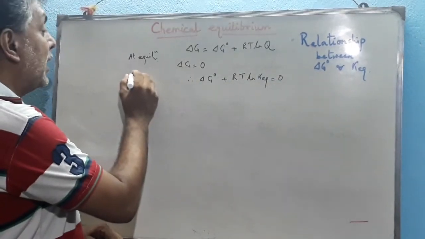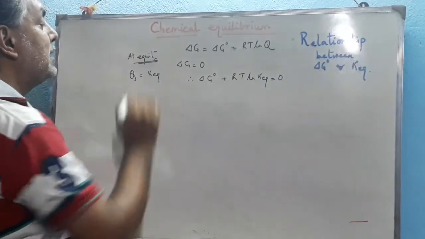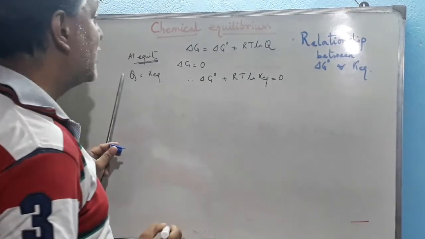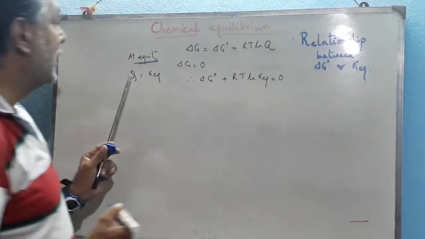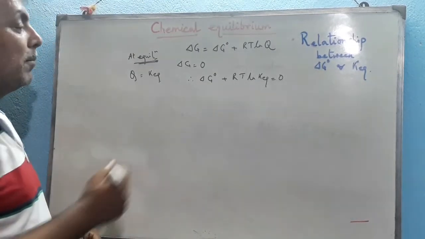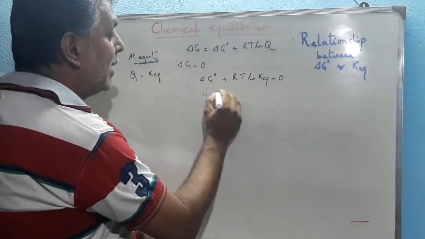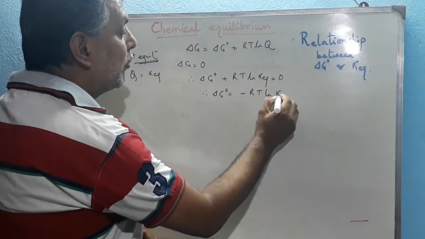Because the quotient Q, that is the product by reactant ratio, becomes K equilibrium when the reaction reaches equilibrium. So del G0 plus RT ln K equilibrium equals 0. Therefore del G0 equals minus RT ln K equilibrium.